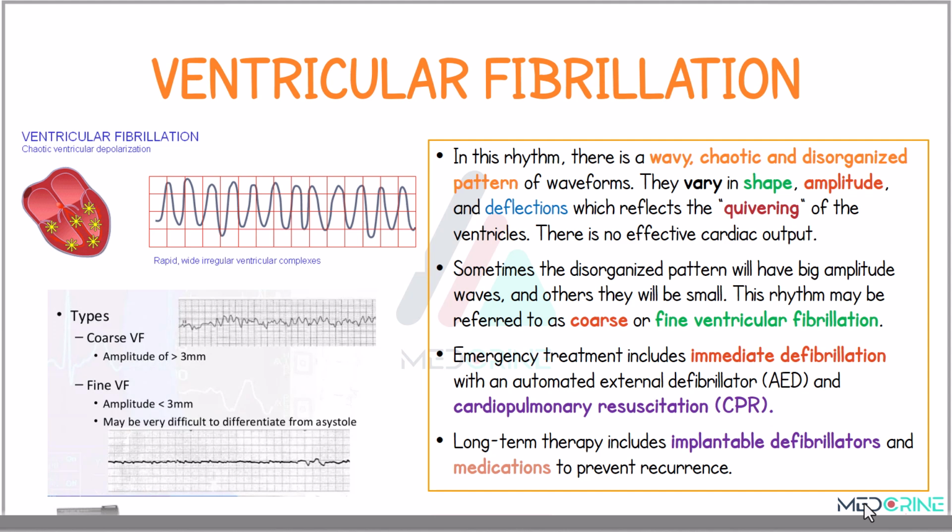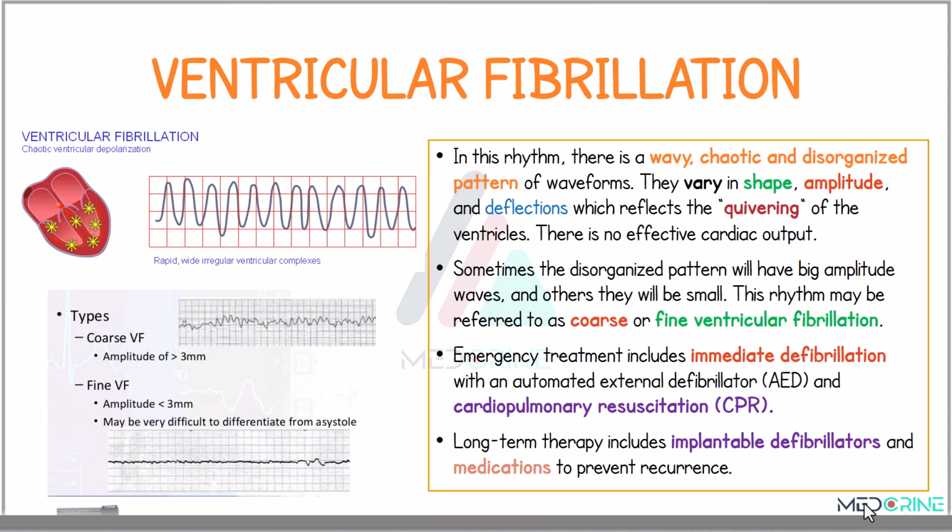Sometimes the disorganized pattern will have big amplitude waves and others will be small. The rhythm may be referred to as a coarse or fine ventricular fibrillation. Pause a moment and look at this electrocardiogram that we have on the left side. We have 2 images, one for the coarse ventricular fibrillation and one for the fine ventricular fibrillation.